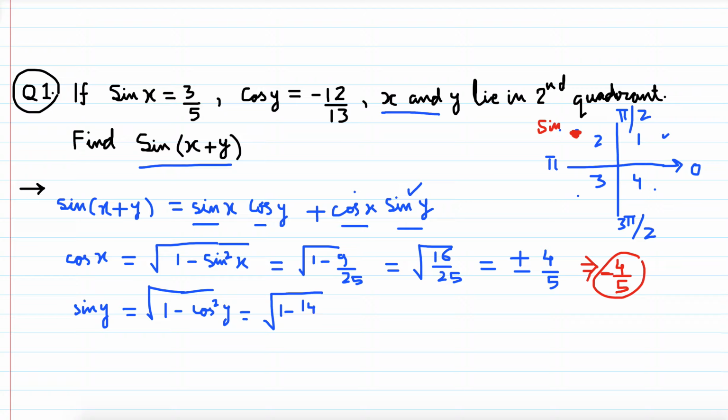So 144 square of 12 and 169 square of 13. So 169 minus 144 goes in the numerator. So it's 25, and denominator we have 169, is equal to plus minus 5 upon 13.